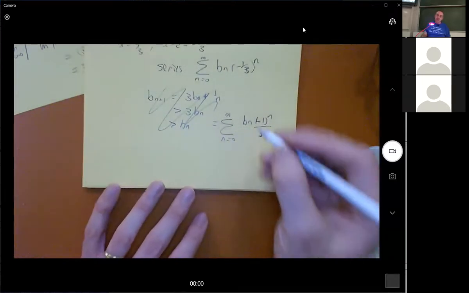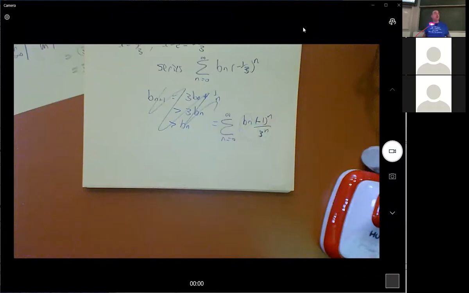Because then the actual terms of these things, when I'm doing the alternating series test, it's everything except the minus 1 to the n.